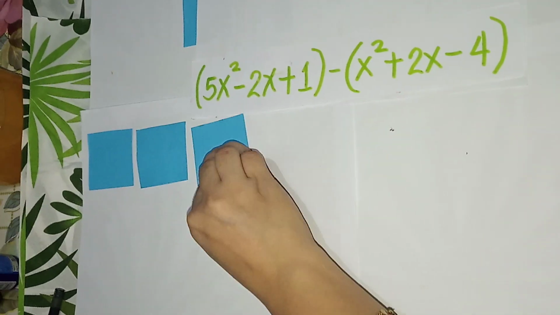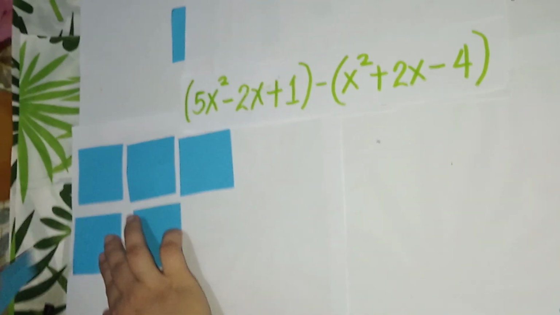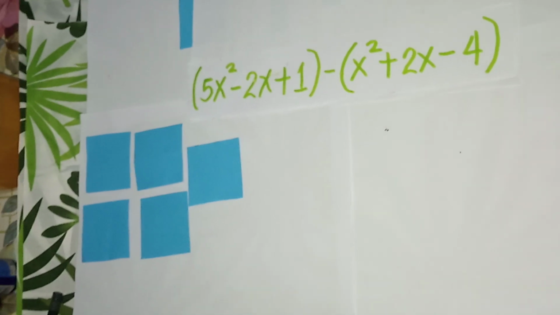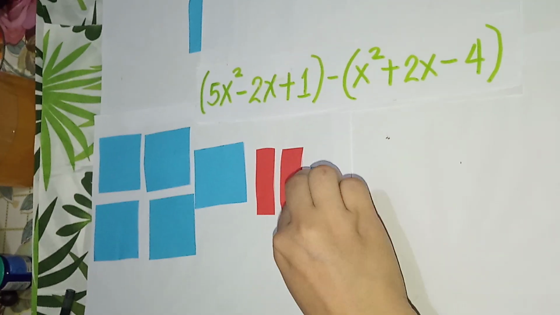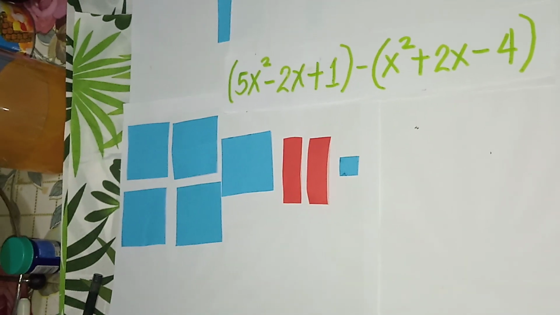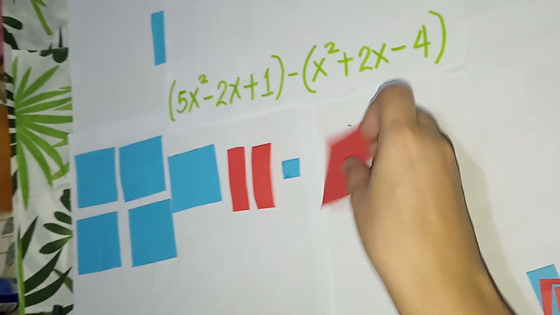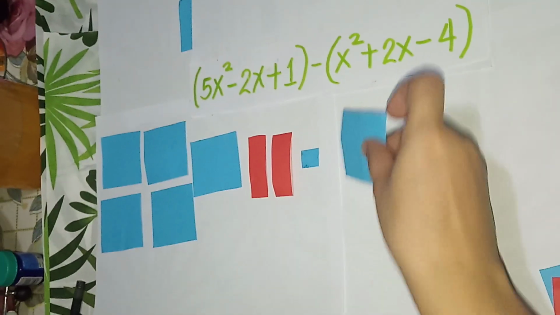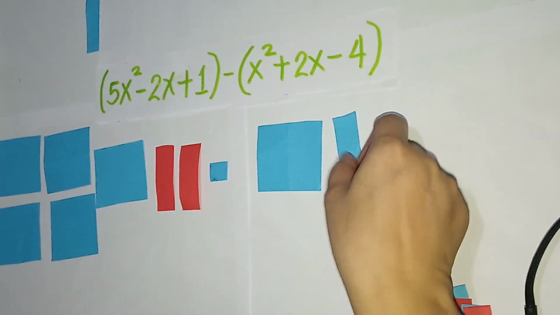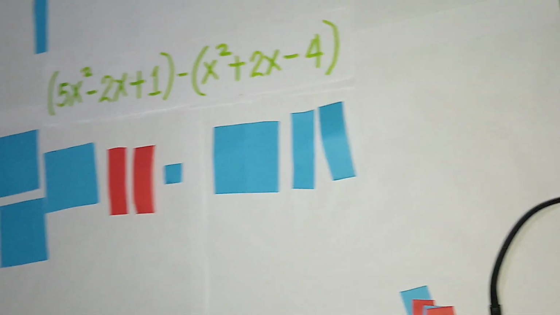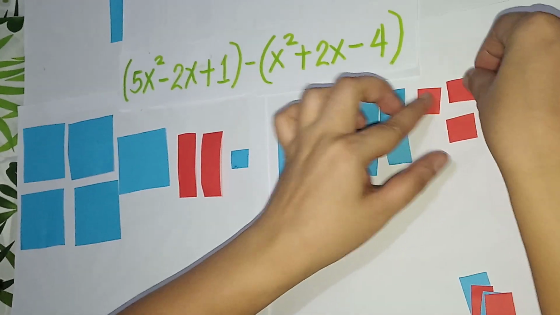That is 5x squared minus 2x plus 1. And then minus x squared plus 2x minus 4. Let's represent this first.